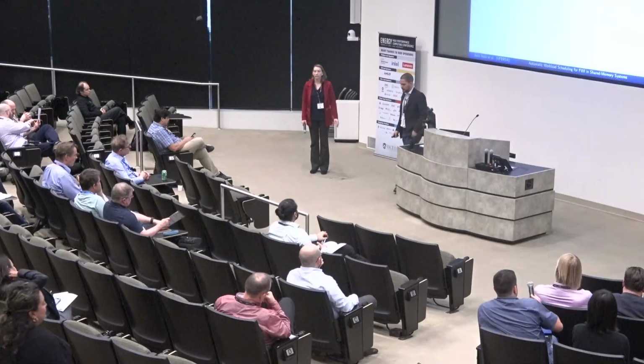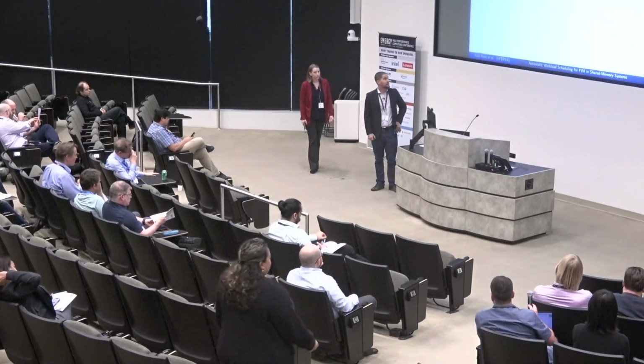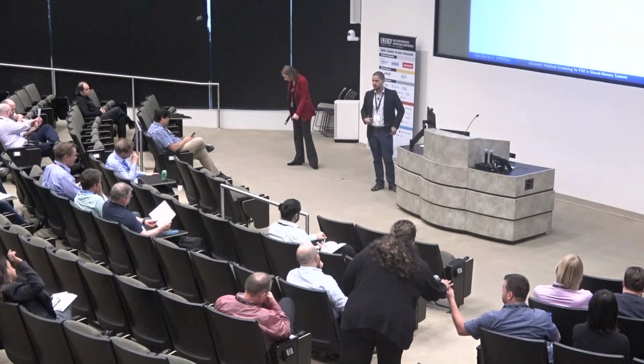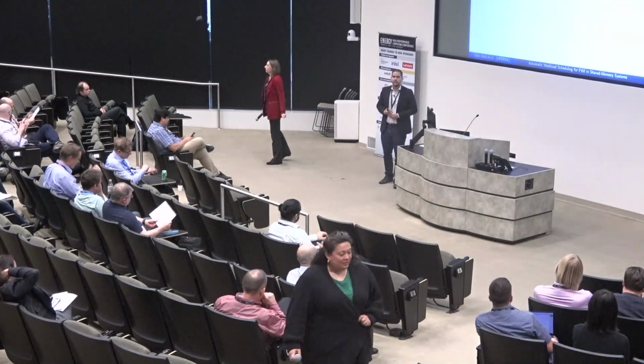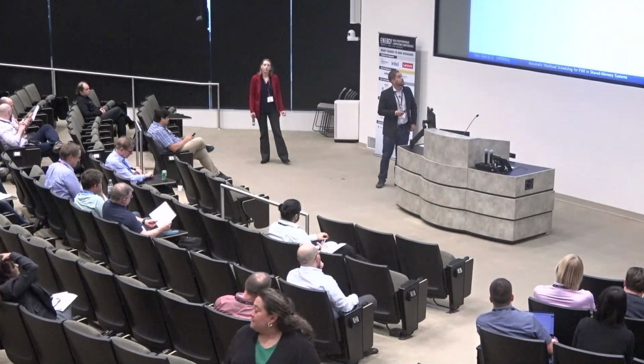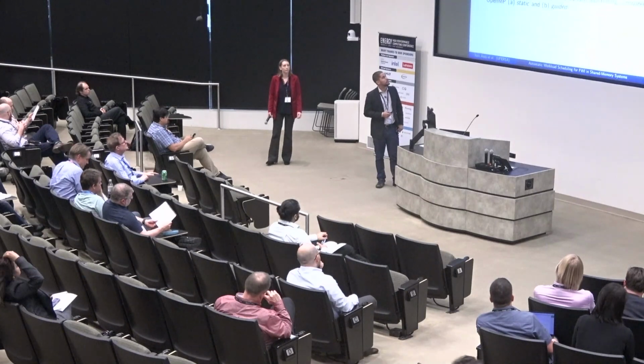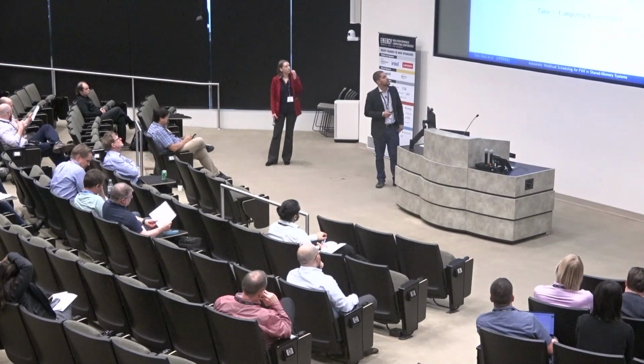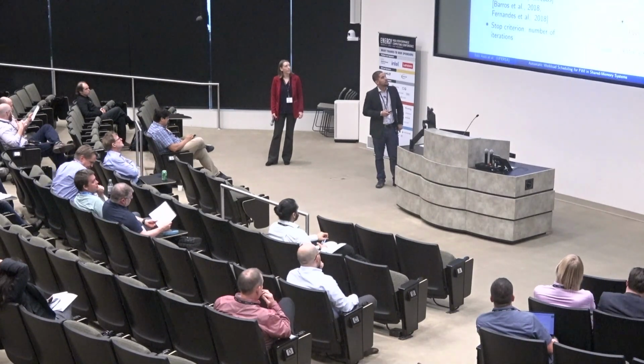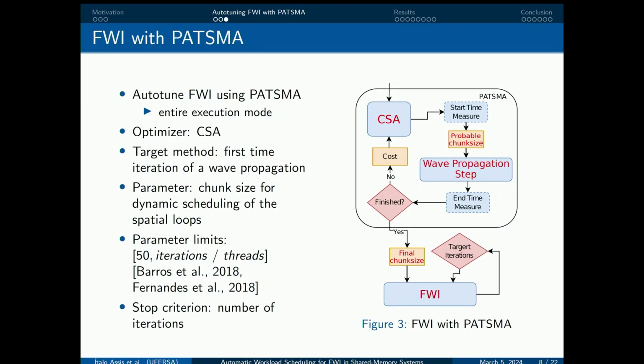Yeah, thanks for your question. I didn't talk about it in the presentation because of time constraints, but let me come back here to the chart. Actually, when we measure the time of the target method on Patma, you can tell it that you want to skip any iterations.